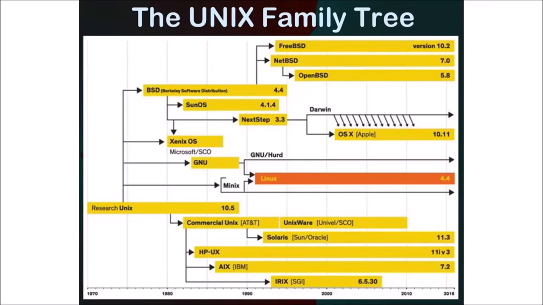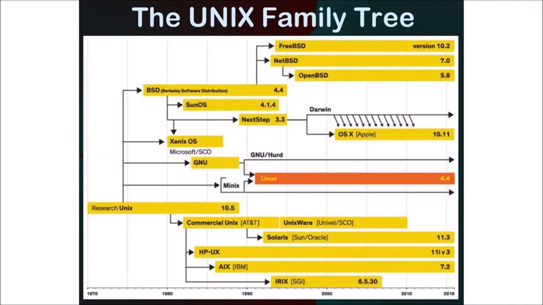At the same time, AT&T kept up with it and licensed various companies. You'll see Silicon Graphics were selling IRIX, IBM was selling AIX, HP was selling HPUX, Sun was selling Solaris, and AT&T made it available also.